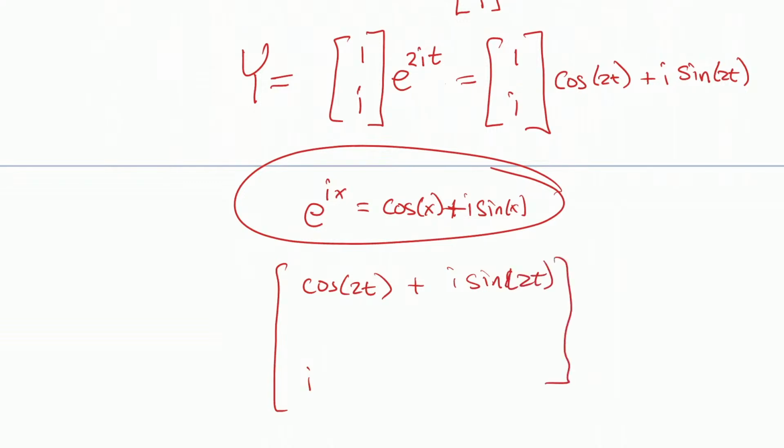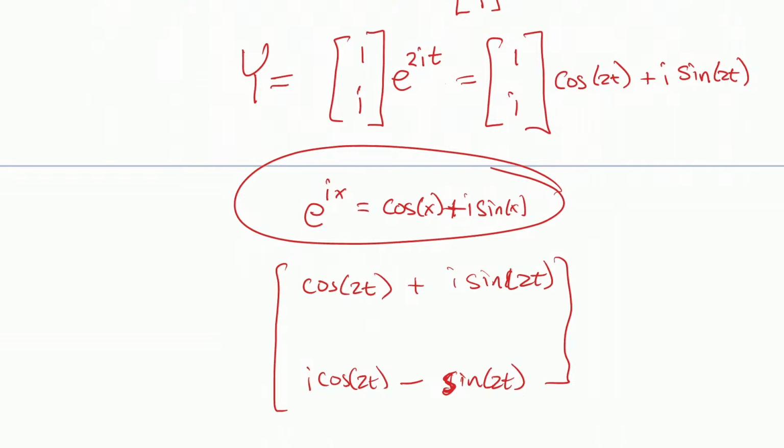There's that, and then i times cosine of 2t, and then this is going to actually be minus sine of 2t. There we go. So all I did there is I took this and multiplied this stuff times 1 to get this, and multiplied this times i to get this.